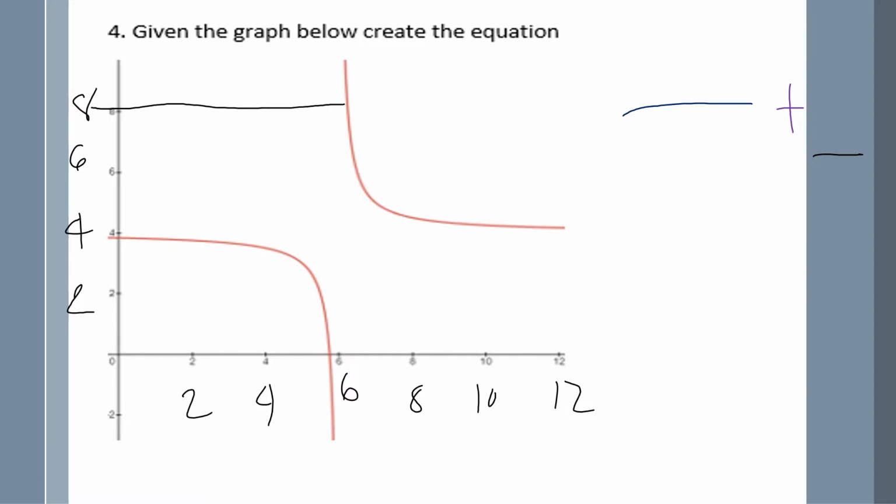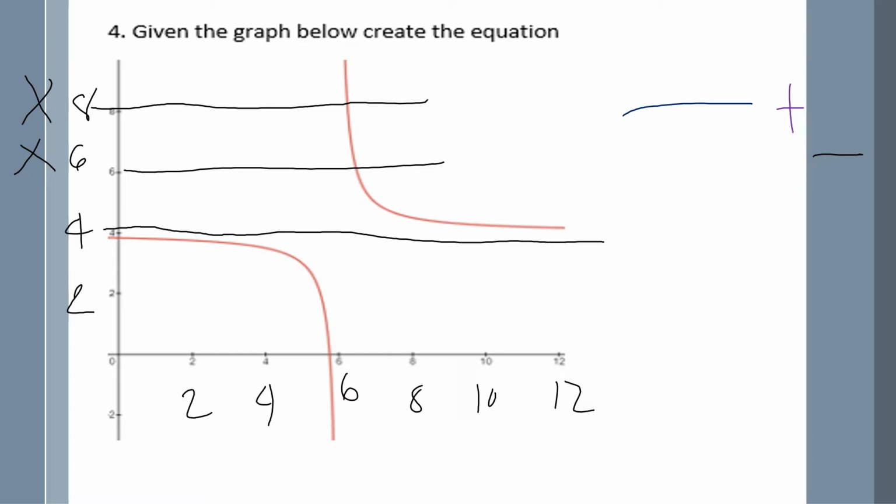If I draw a line through it, 8 won't work. What about 6? Nope, 6 doesn't work. What about 4? Well, guess what? It gets close to 4, but it doesn't touch at 4. It gets very close to it, but never touches it.